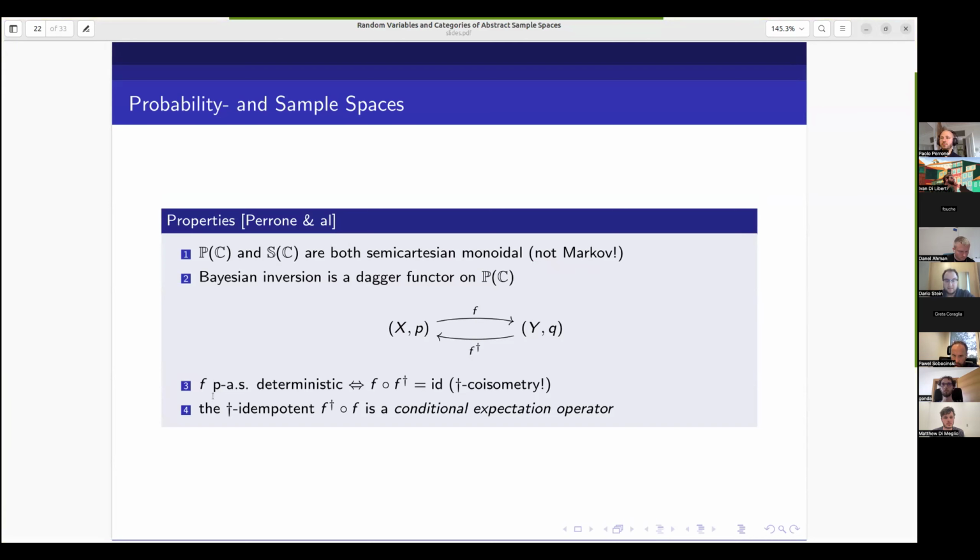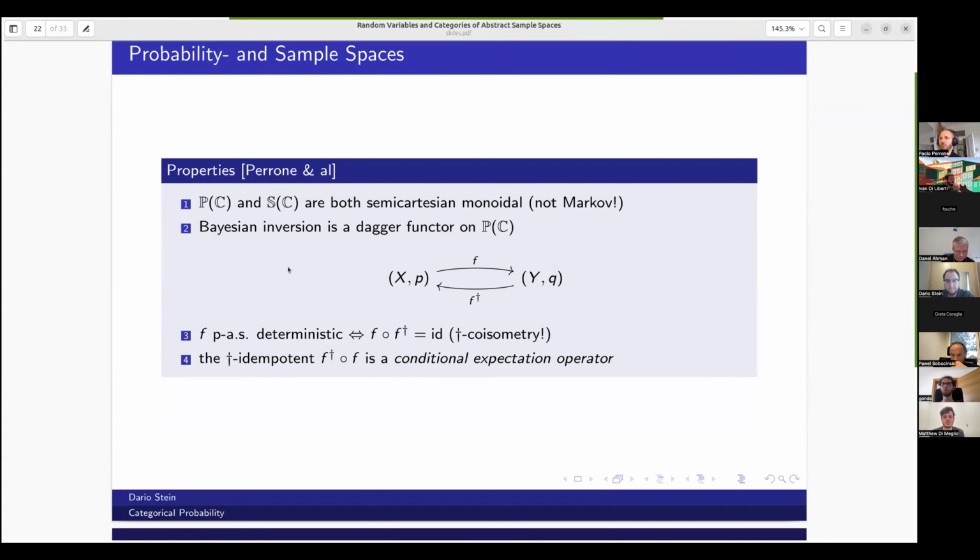There's a nice characterization that says a morphism is P-almost-surely deterministic if and only if F composed with F dagger is the identity. So the deterministic morphisms are dagger co-isometries, if you like this way of looking at it. And then we get this idempotent F dagger F, which plays the role of conditional expectation operators. There's quite some nice stuff known about these P of C and S of C.